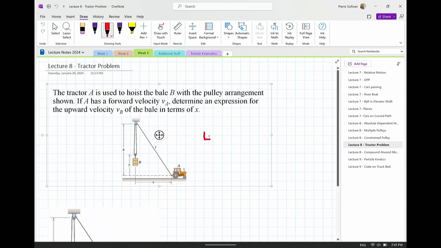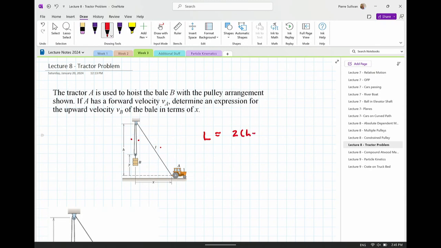So the total length of this cord is going to be the wraparound length here, here, and the total length over here, which is L. So I can write that as twice h minus y plus L. But L is not everything that I have there. So h is constant, so I know that.